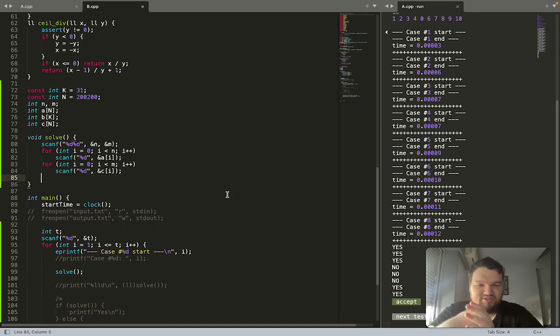So the solution is to iterate over how many zeros we have after the last one bit in the initial number.